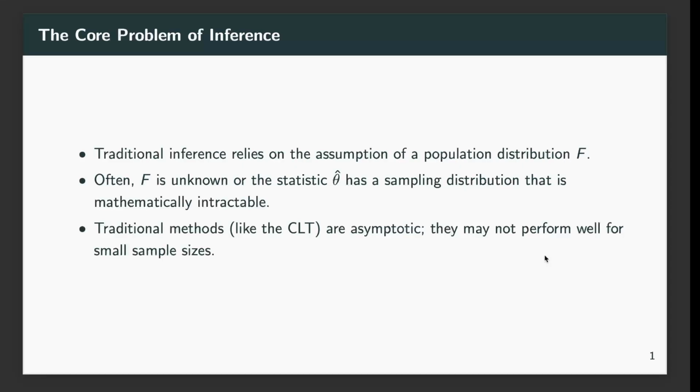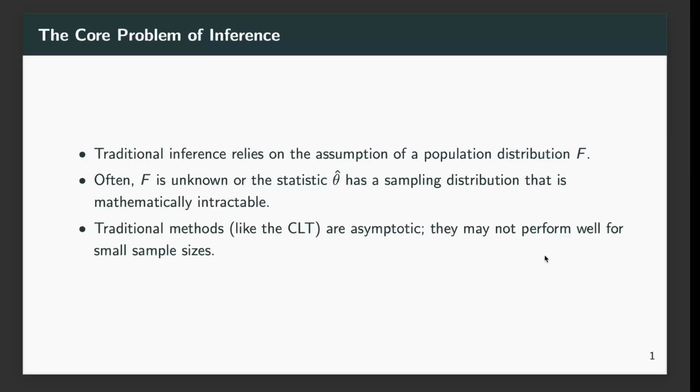All of this classical machinery, like maximum likelihood estimation, the t-test, chi-squared test, and F-test, is built on these kinds of distributional assumptions. If the assumptions are correct, then the method will work. But if the assumptions are wrong, then the method can give very misleading results.